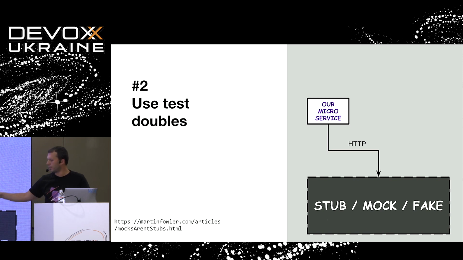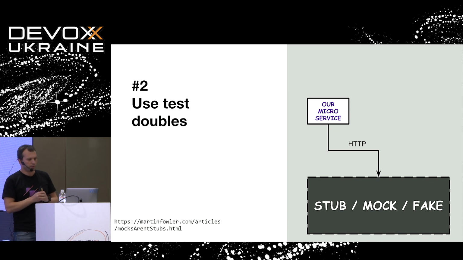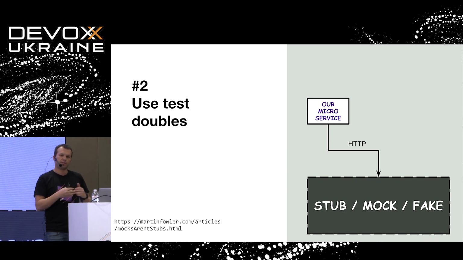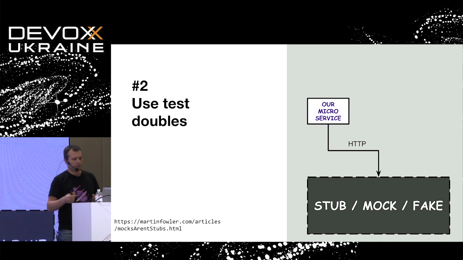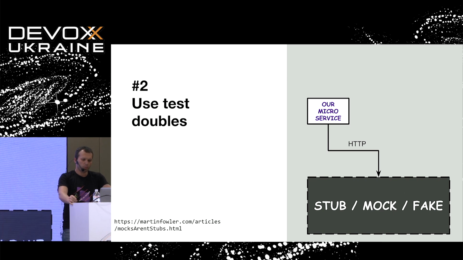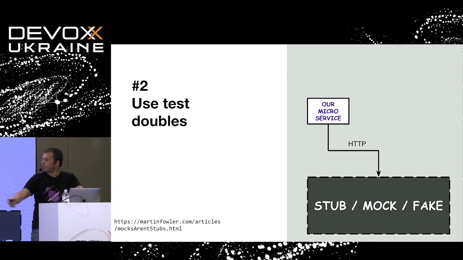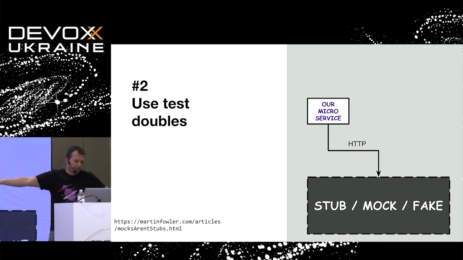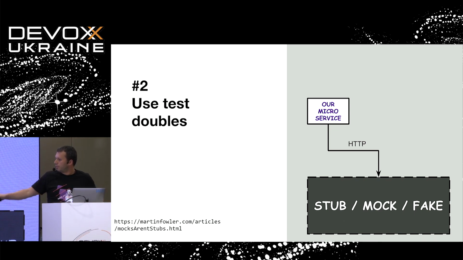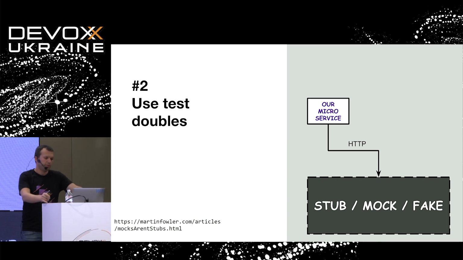If you're not sure, a stub is something that returns a canned answer during the test. A mock is something that you can pre-set up, and it will reply with what you want. And fakes involve implementing some logic. There is a really good blog post by Martin Fowler that explains the differences between stubs, mocks, and fakes. I really recommend you read it if you're not sure about the differences.